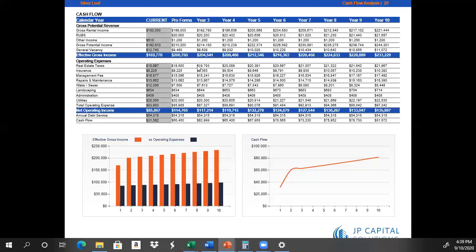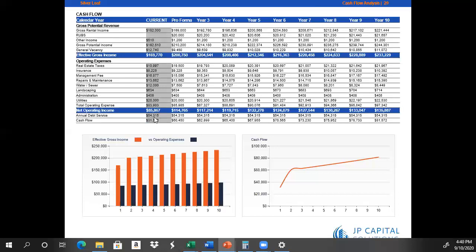Management fees. Again, here's the taxes. So your net operating income here at the bottom line is what you're going to base it off. The NOI is how you get the cap rate. Now, the annual debt service, if you're paying cash, you obviously will not have this line item, but it's very important to get other metrics like the cash on cash and IRR.